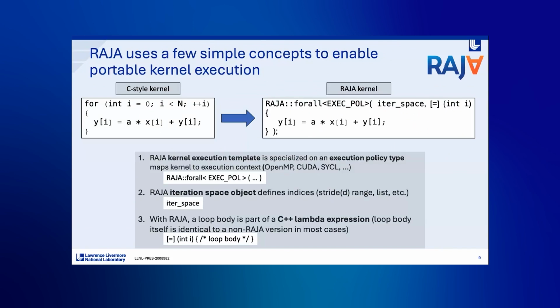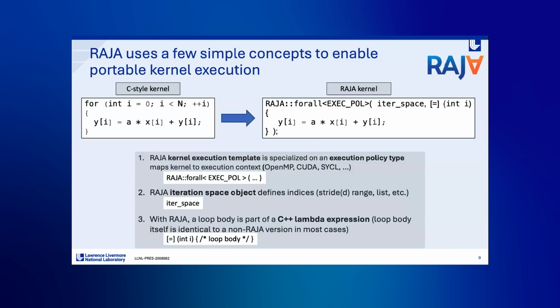So this is an example of a portable kernel execution in Raja. On the top left, there's a standard DAXPY loop that you might write in C or C++. To transform it to a Raja kernel on the right, you can apply a for-all construct in place of the for loop.